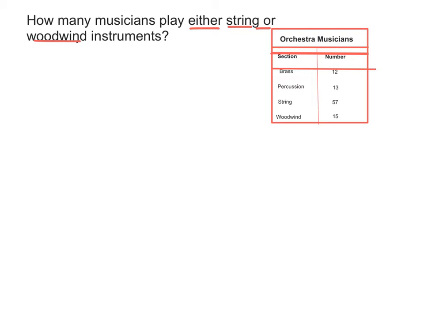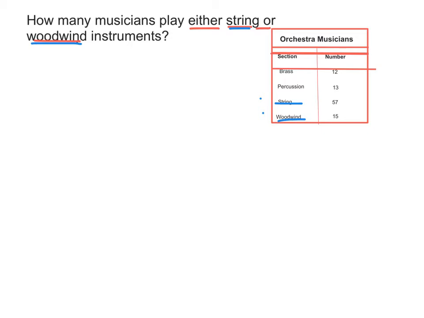In this case, we need to go back to our table and look at how many musicians play string and how many musicians play woodwind? So we're looking right now at these two sections of the table.